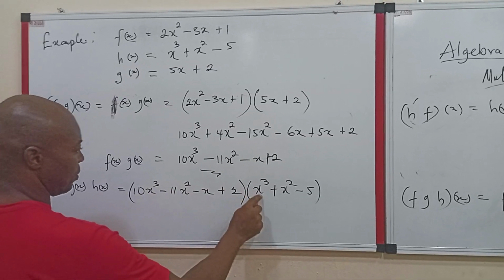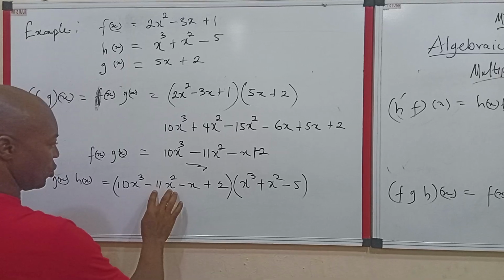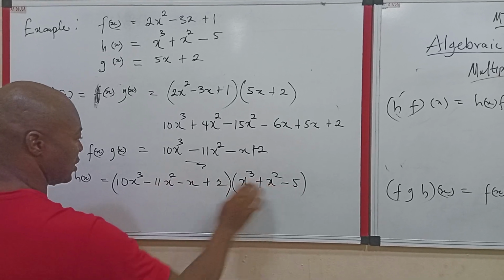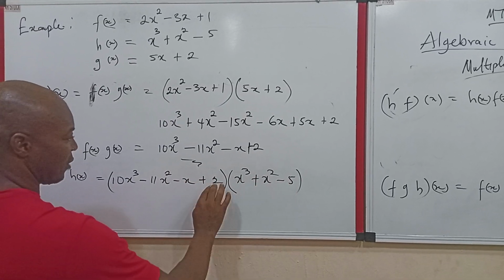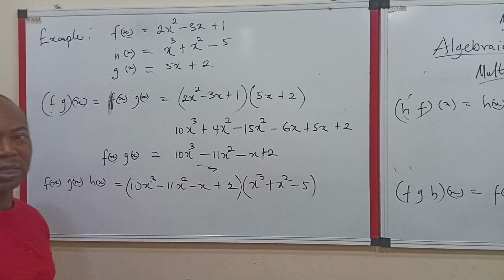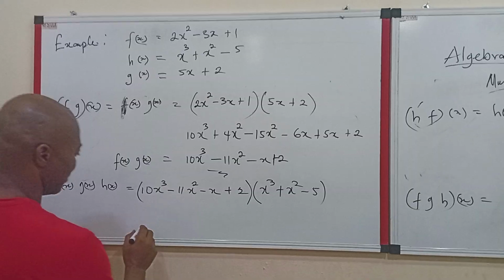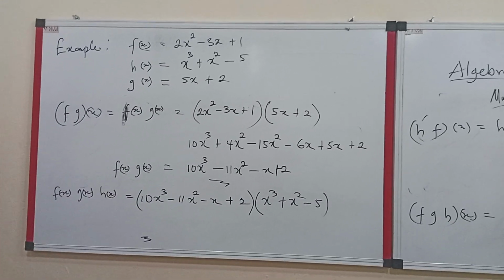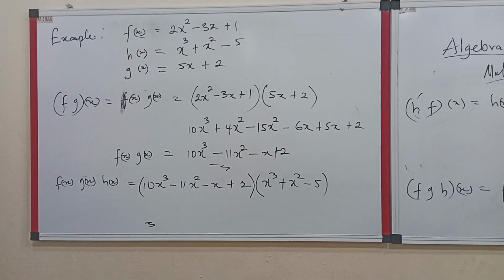Use this to multiply this, use this to multiply this, and so on, and finally this, then you begin to collect like terms. These are also given as an assignment. I want the audience to look at this to see how the answer will look like.